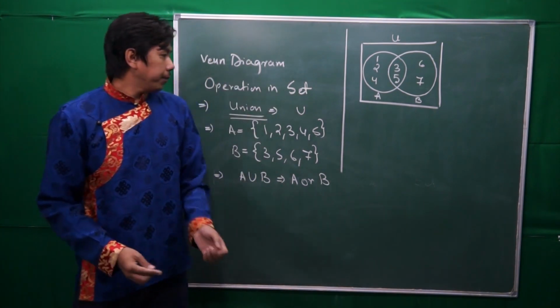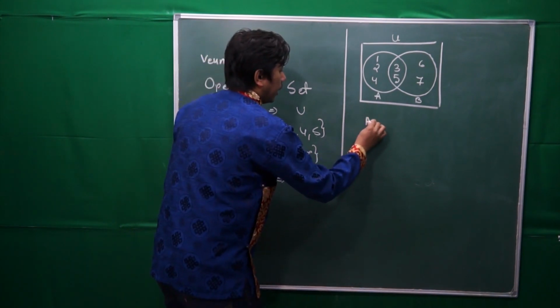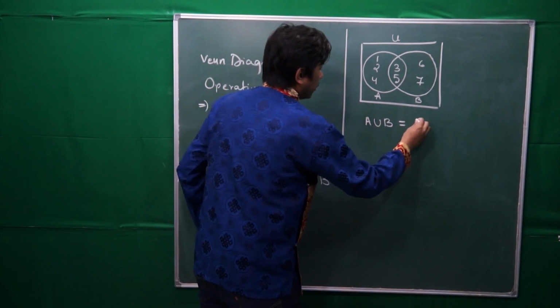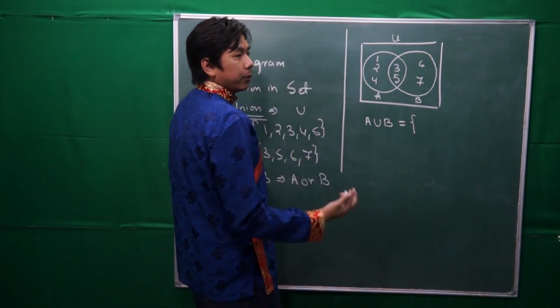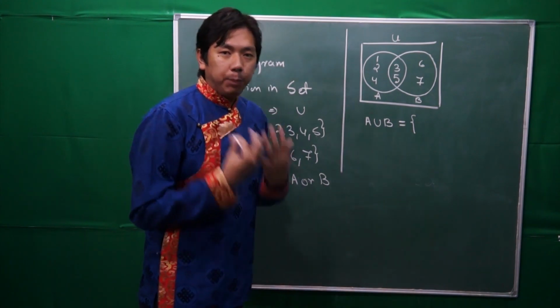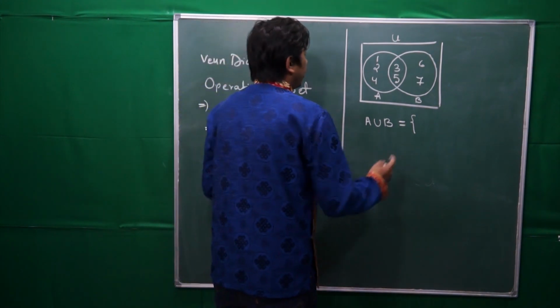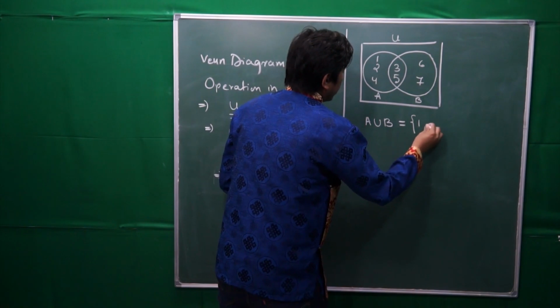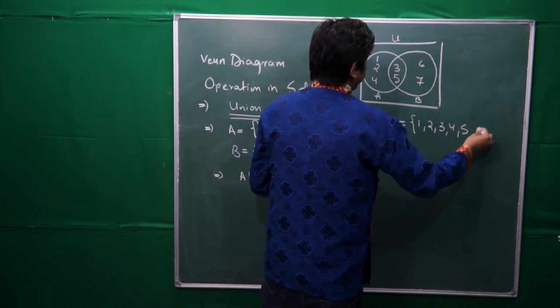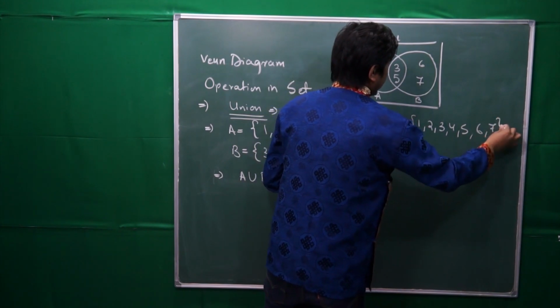So A union B would be equal to a new set that combines the elements of A and elements of B. A union B would be 1, 2, 3, 4, 5, 6, 7.